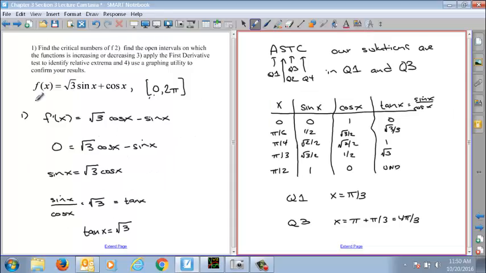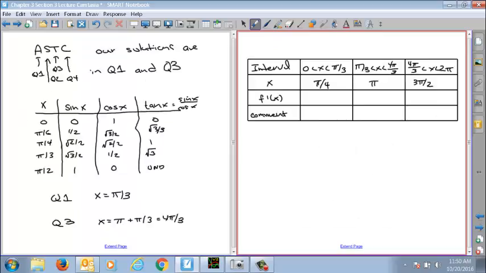So if we go back to our expression for the derivative, it's the square root of 3 cosine of x minus sine of x. So that's the derivative. So we're going to evaluate the derivative at these three values of x.